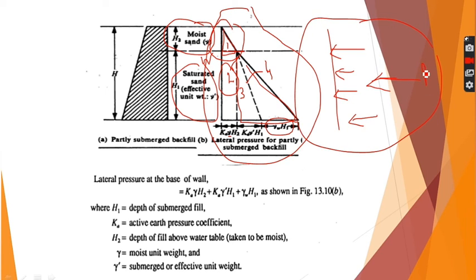So you will use the moment area method. For that I will be giving you another lecture. So you will find individual forces and the final resultant force P, and the location of this resultant force P, which will be used in the design of the retaining wall.